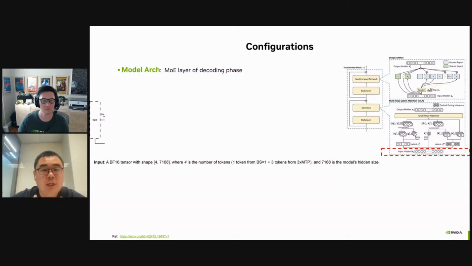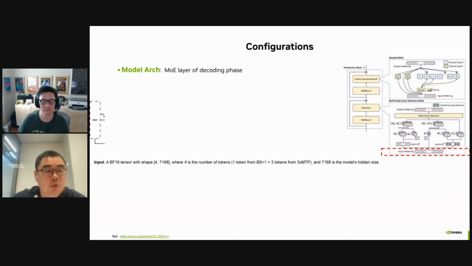Now, let's put all things together to give more details. We have drawn a layer-wise diagram to show our implementation, and let's take the MOE layer of the decoding phase as an example, because this layer takes the most end-to-end time.